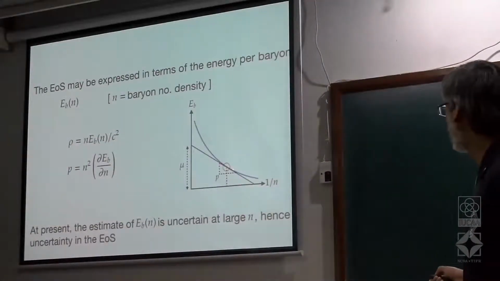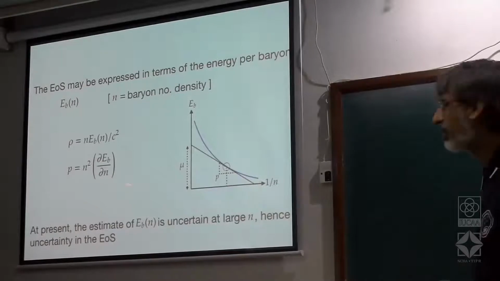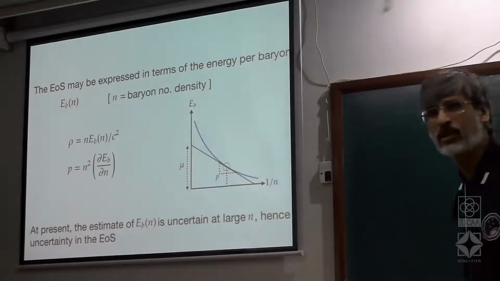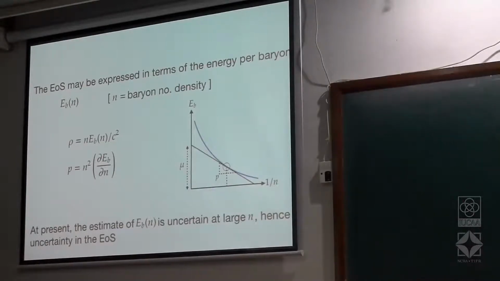So it is minus del EB del 1 by n, which is n squared del EB del n. The definition of pressure is minus del EB by del 1 by n, but it can be depicted easily if you plot it in the EB versus 1 by n plane.